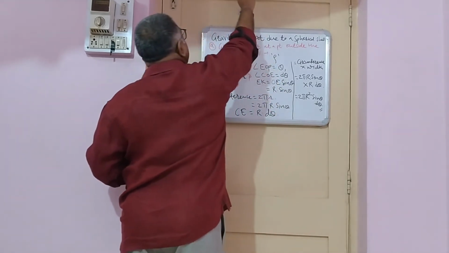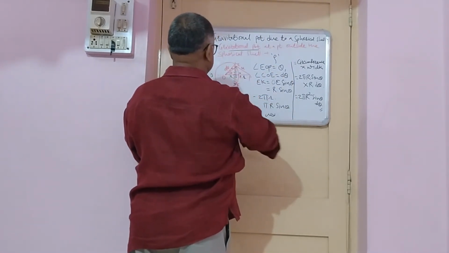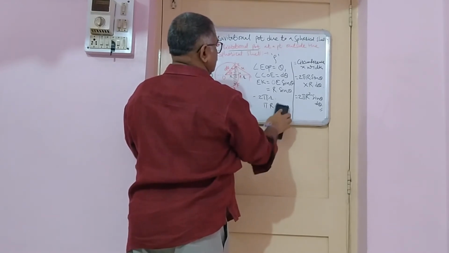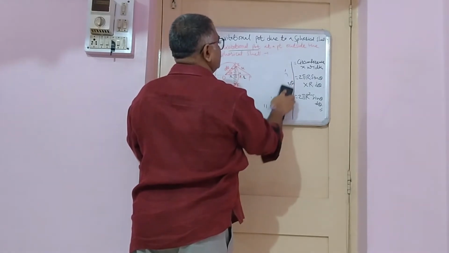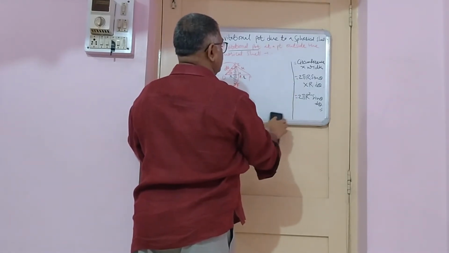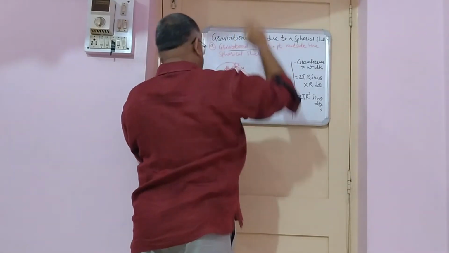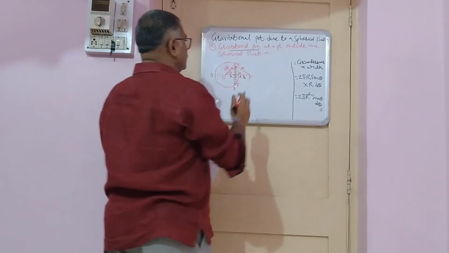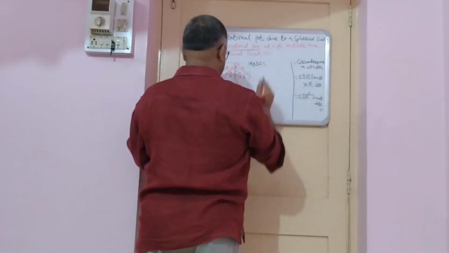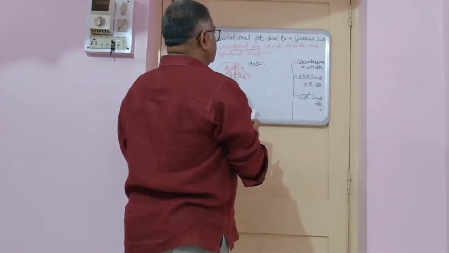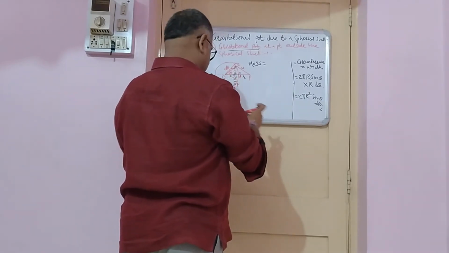Here we have to calculate the mass, and the formula for it, as we have discussed, is mass equals density into area.